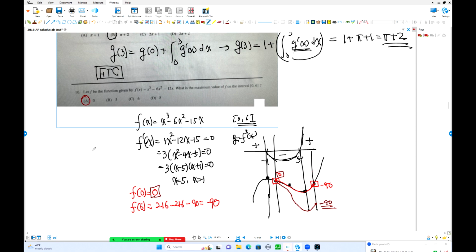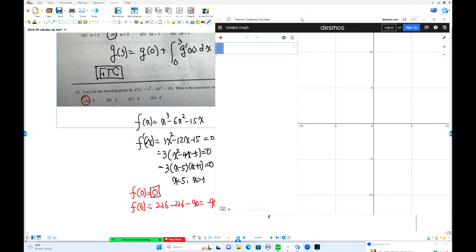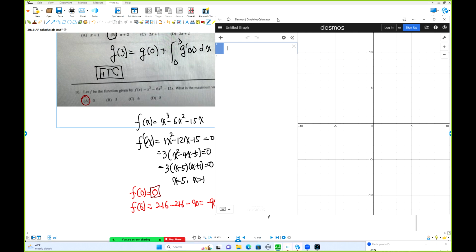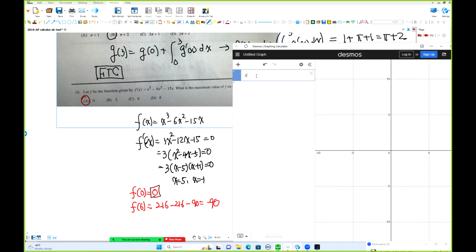So I'm going to show you the graph of this one. The graph of y equals x cubed minus 6x squared minus 15x.